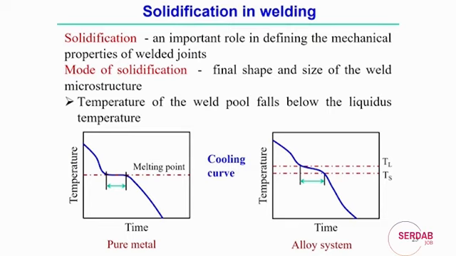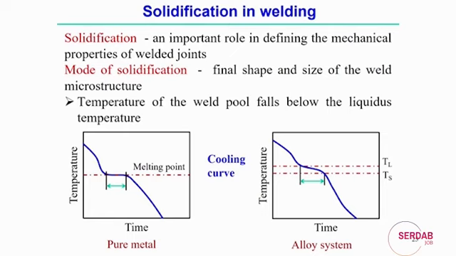Now, there are several solidification theories, but our focus is specific to the welding process. Here, the final shape and size of the welded microstructure depend on the mode of solidification.